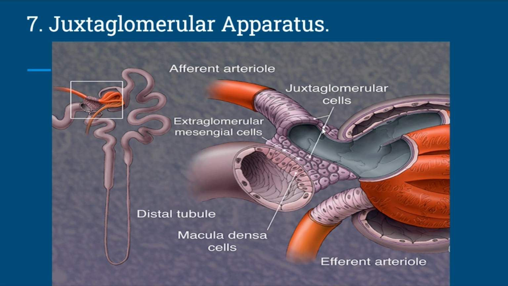The juxtaglomerular cells are basically smooth muscle cells present in the afferent arterioles. The distal tubule has the macula densa, and this one right here is the mesangial cells.